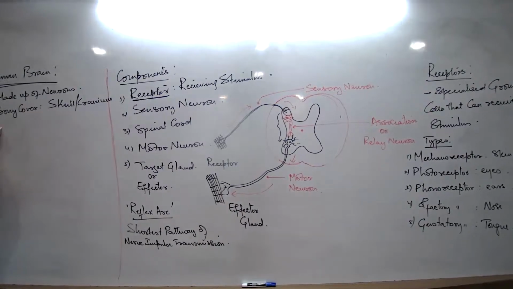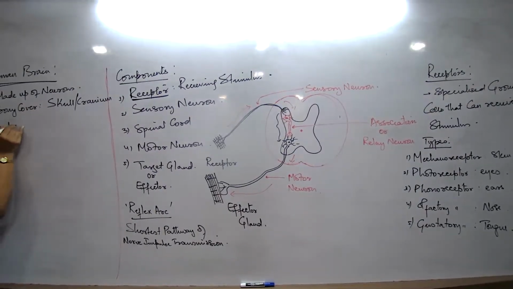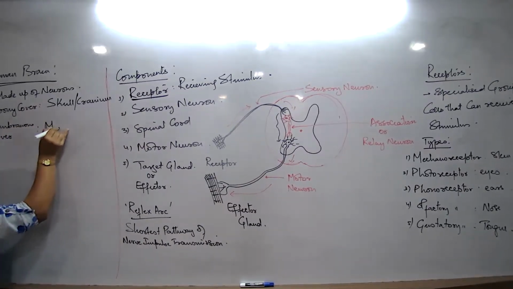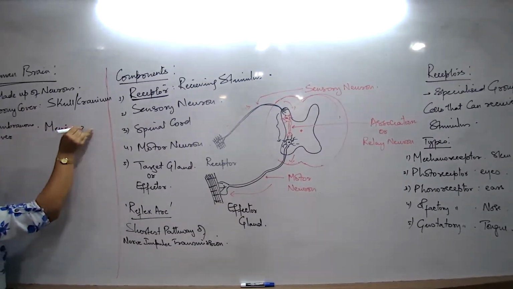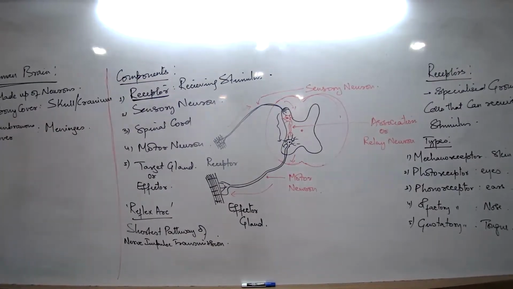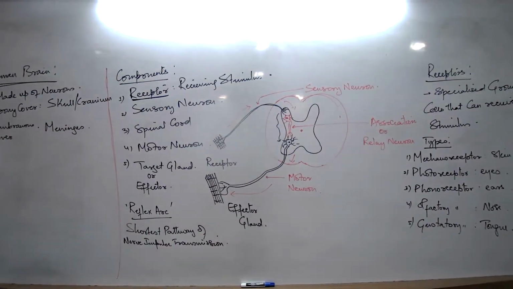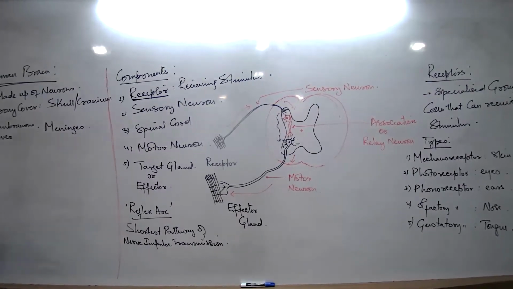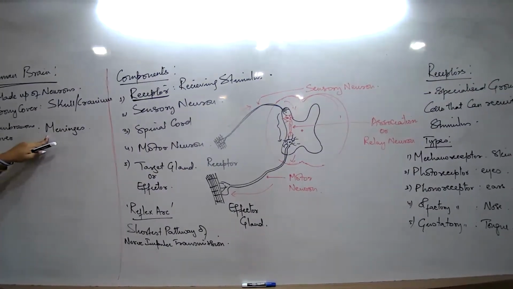Next, we talk about the membranous cover. Just next to the skull, the membranous cover of the brain is known as the meninges. Now I say this is membranous, meaning it is not made up of bones, but it is made up of certain connective tissues, epithelial tissues. This is what we are talking about, the meninges.